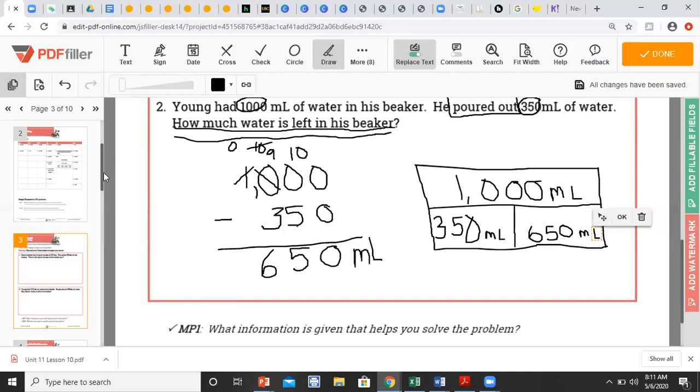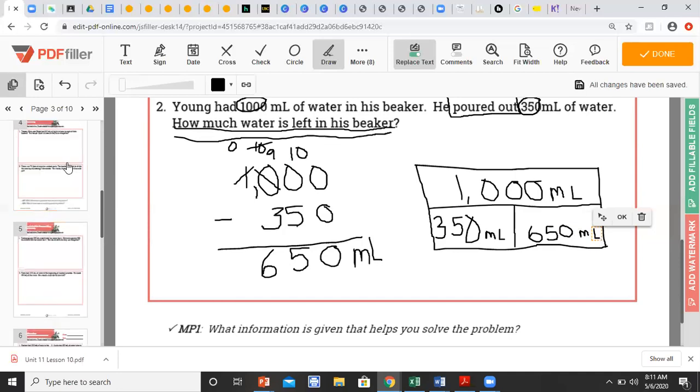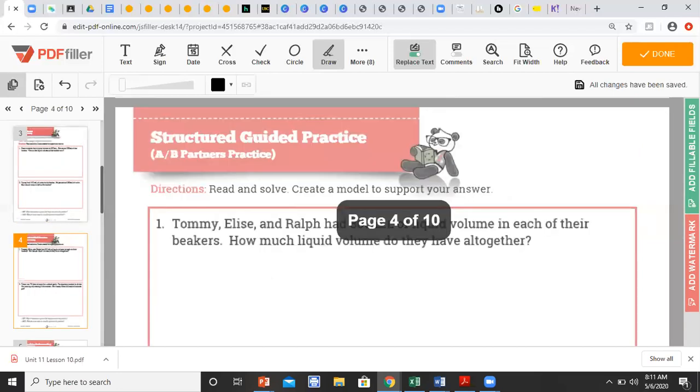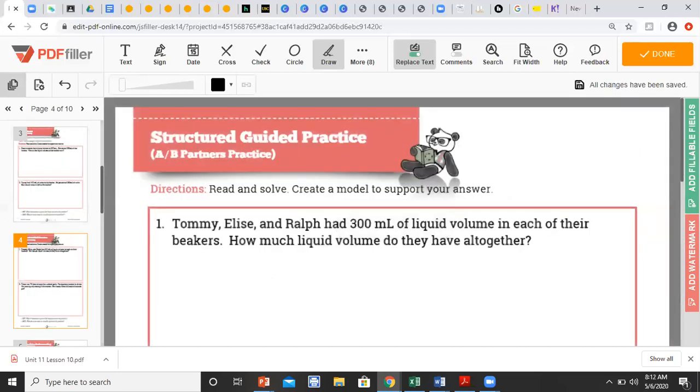So let's move on to the structured guided practice. Tommy, Elise, and Ralph had 300 milliliters of liquid volume in each of their beakers. How much liquid volume do they have all together? The only number that we have here is 300.